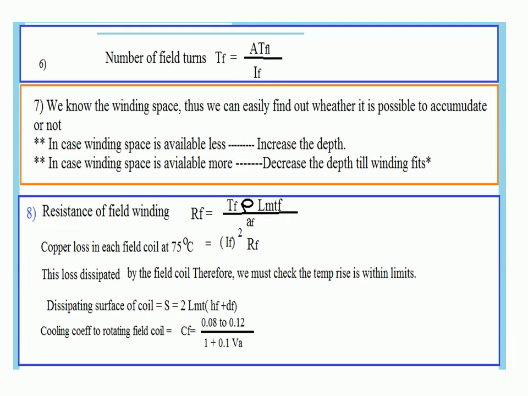For that, you have to find the dissipating surface of the coil, S, which equals 2 times LMT into bracket HF plus DF, the height of the field coil plus the depth of the field coil. Another important parameter is the cooling coefficient of the field coil, CF, equal to 0.08 to 0.12 divided by 1 plus 0.1 VA.